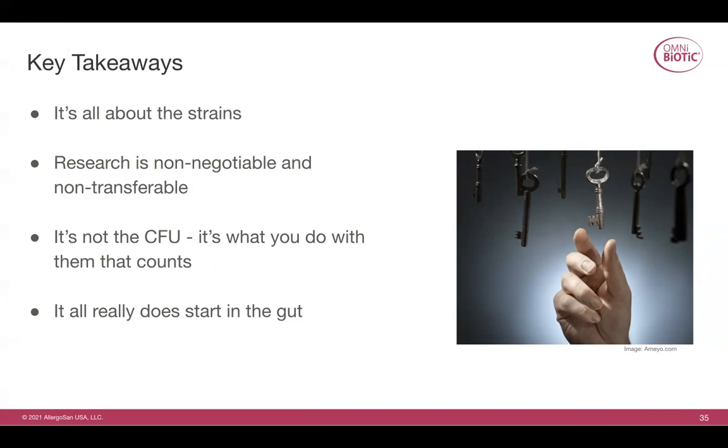And 4, it really does start in the gut. We've discussed many intersections of the gut and various other systems and disease processes within the body. The microbiome has incredible influence over our entire being, from our mental and emotional health to how well our body detoxifies substances and how we age. It is easy to see why a high-quality, multi-strain, targeted probiotic should be at the base of our treatment pyramids.